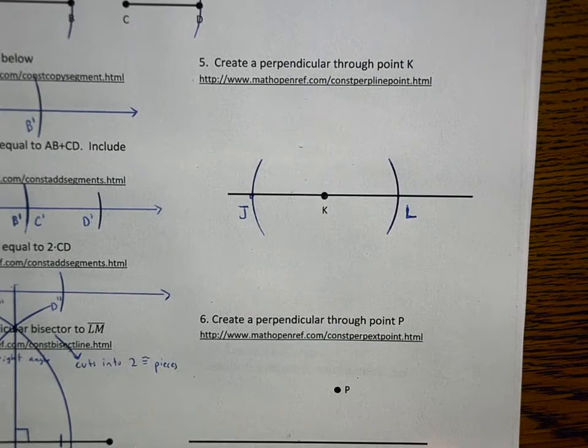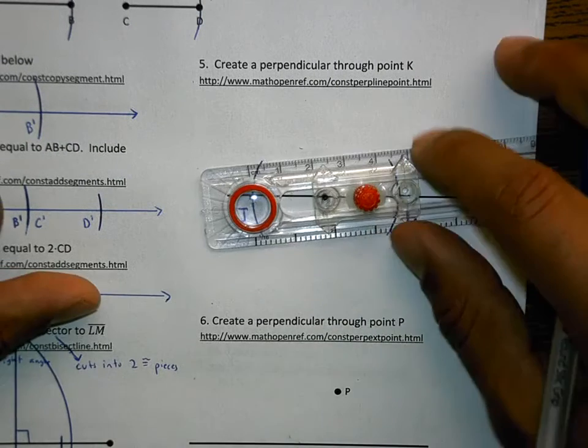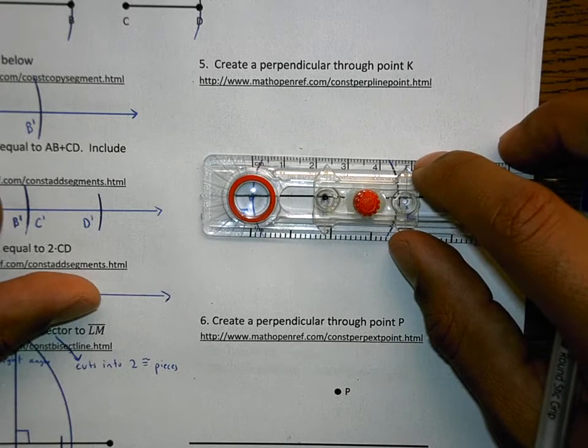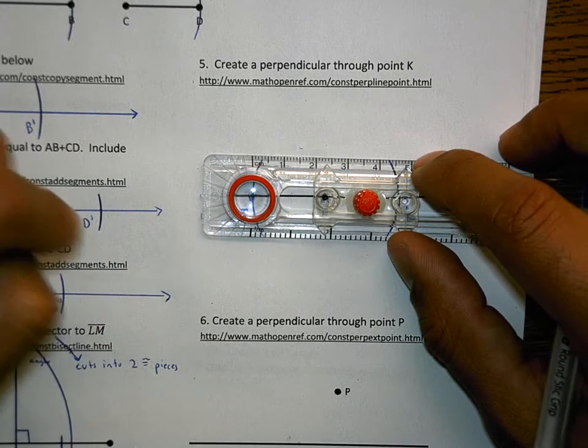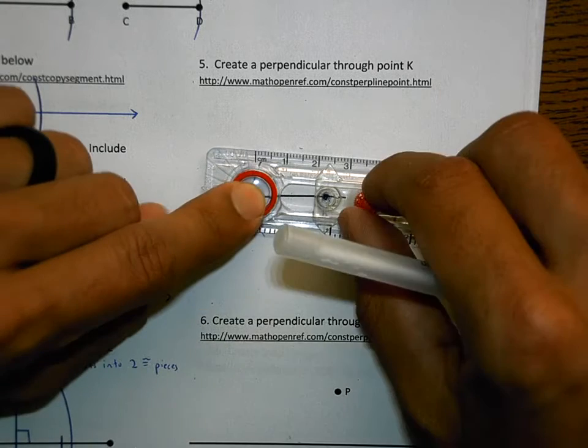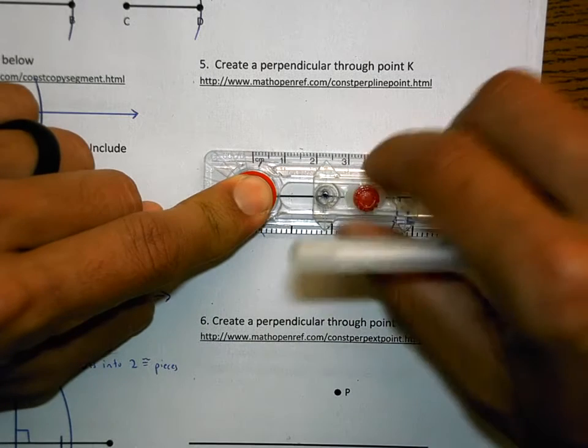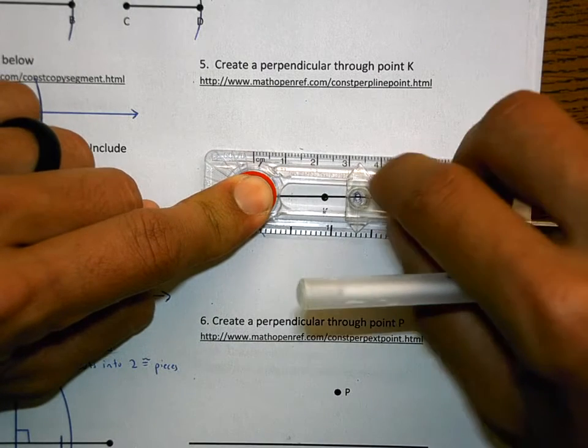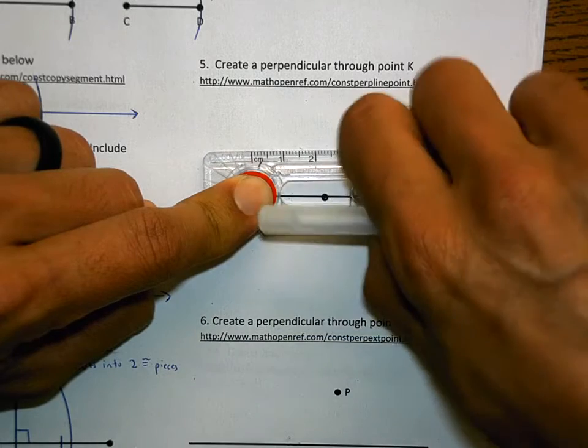Do you remember how to do it from here? So, what do I have to do with my slider? We wrote it down over on the other one. Adjust the slider to more than halfway. Do you agree? Yeah. There we go. Tighten it up.